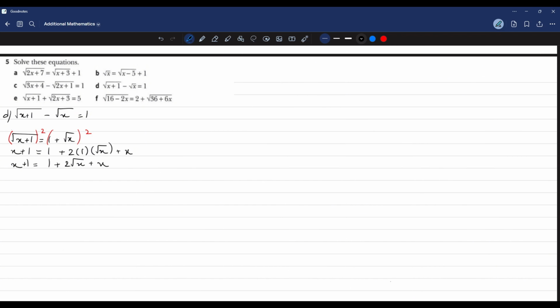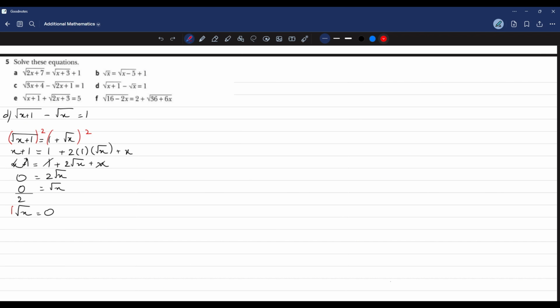Now I'm going to take the relevant quantities on the other side. So x minus x would give us 0 and 1 minus 1 is equal to 0. So 0 is equal to 2 under root x, and we have an interesting situation now because 0 divided by 2 is equal to under root of x. So under root of x is actually equal to 0 itself, and again we square on both sides.